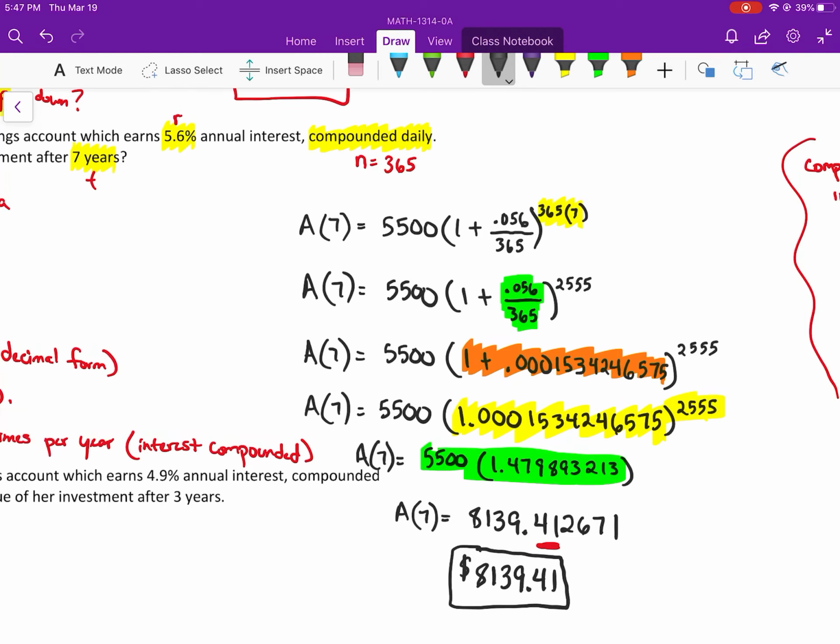Okay. Now, there could be a part 1 and a part 2 on this type of question. Part 1 could be how much does she have after 7 years. Part 2 could be how much interest did she earn after 7 years. And to find that out, I would need to subtract $8,139.41, subtract from that her investment, or what we called P, right?